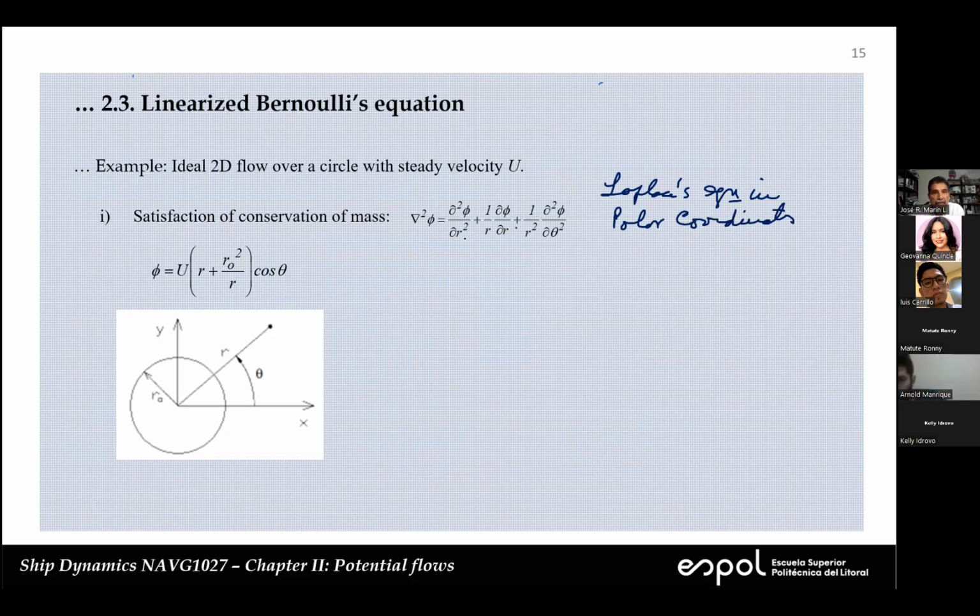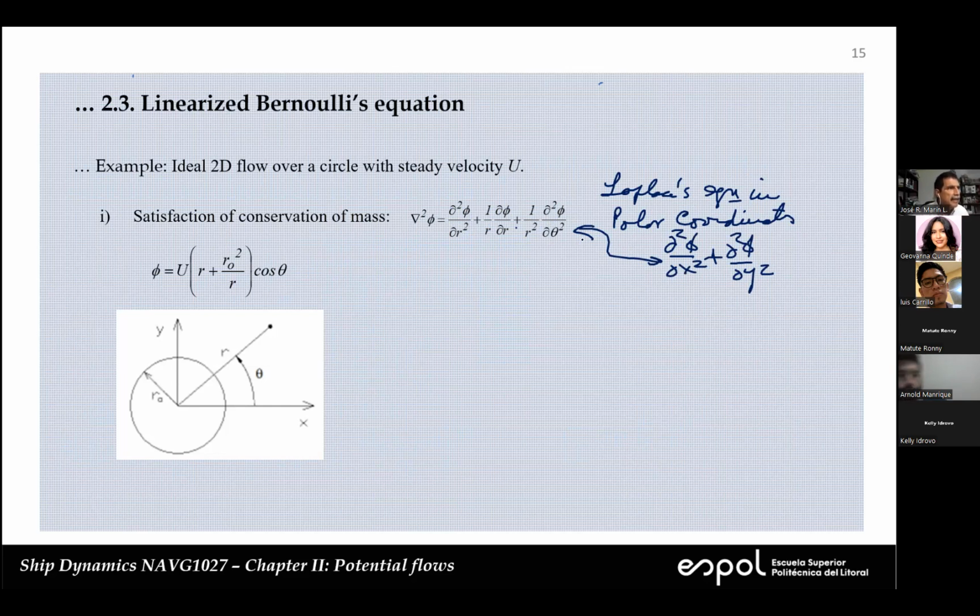The second derivative with respect to r, plus 1 over r, first derivative with respect to r, plus 1 over r squared, second derivative of phi with respect to theta. That's equivalent to d2 phi dx2 plus d2 phi dy2. This is equivalent in the rectangular coordinates.